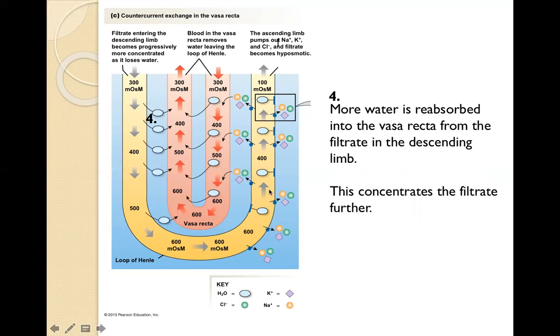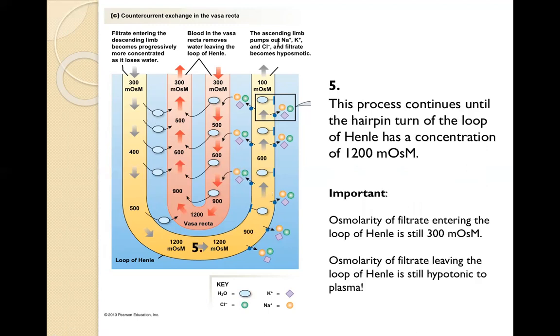And this process just keeps occurring until the renal interstitium reaches an osmolarity of about 1200 milliosmoles. And this is the maximum concentrating ability of the kidney.